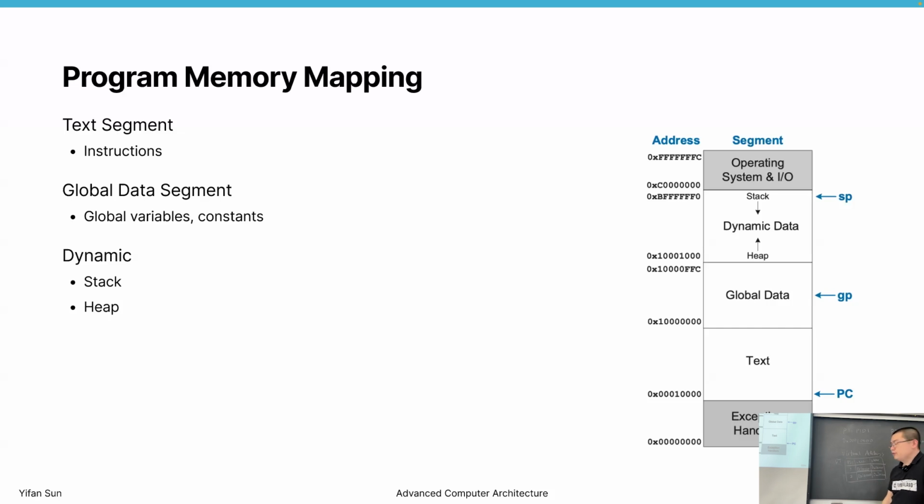Then because we have this physical address, this address translation process allows us a lot of flexibility. For example, we can have a virtual address. Now, what if we have 4 GB of memory, but one program wants to use 4 GB memory, and another program also wants to use 4 GB memory?